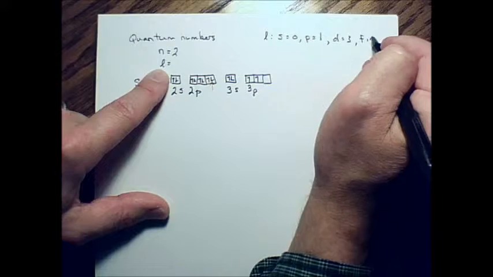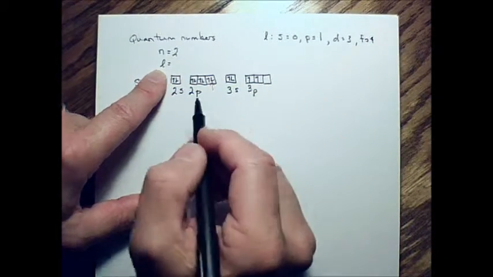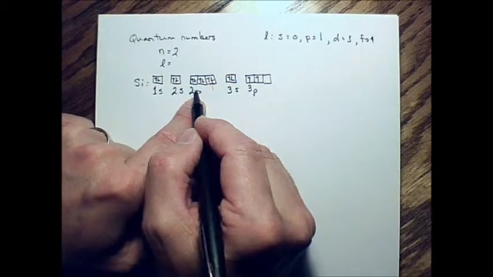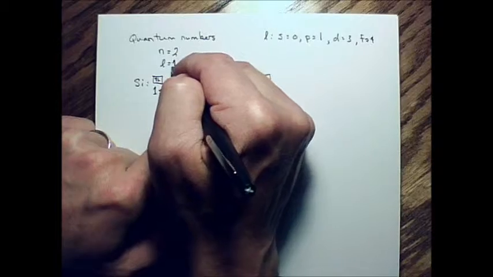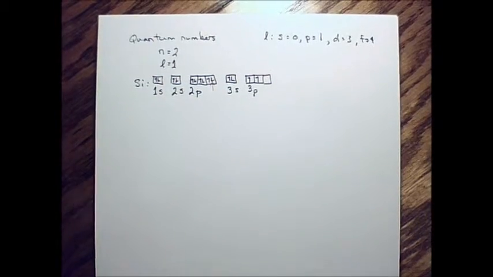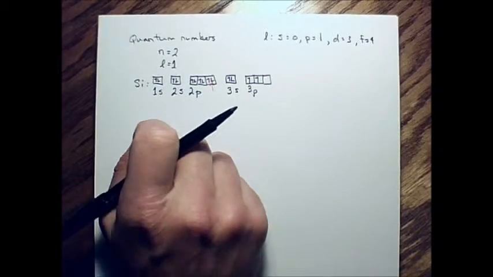F is 3, but we didn't cover the F sublevel regions in CP chemistry. Since this electron is in the P sublevel, L is going to be 1. And so those are the first two quantum numbers for that electron. There are actually two more quantum numbers that we don't deal with in CP chemistry.